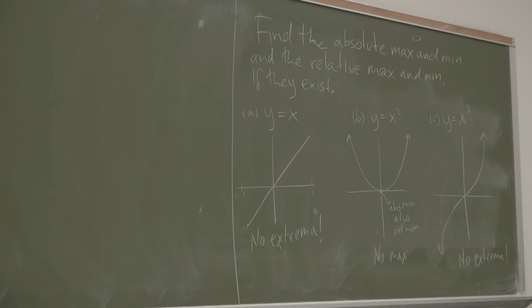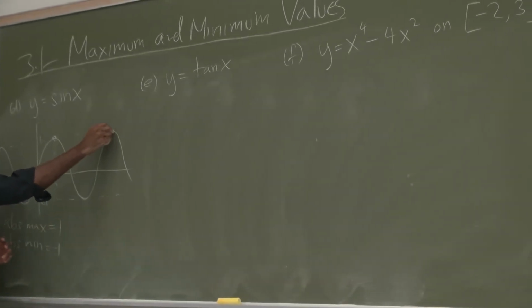So the absolute max is 1, and the absolute minimum is -1. Can you tell me the points where these occur? Yes, 0, pi over 2, pi, 3 pi over 2, 2 pi.